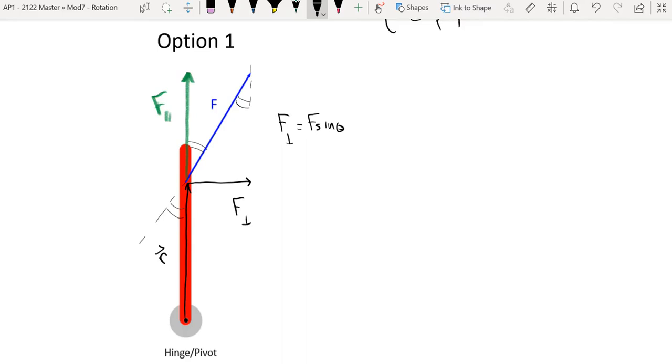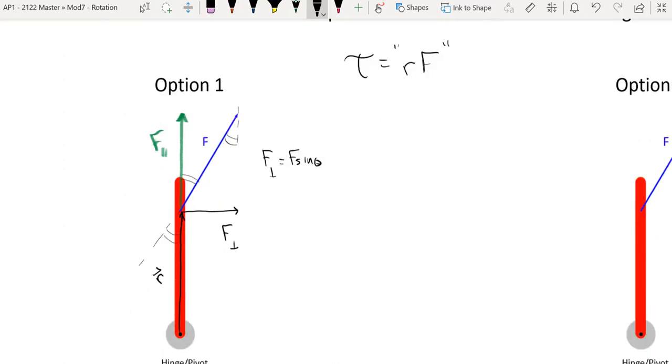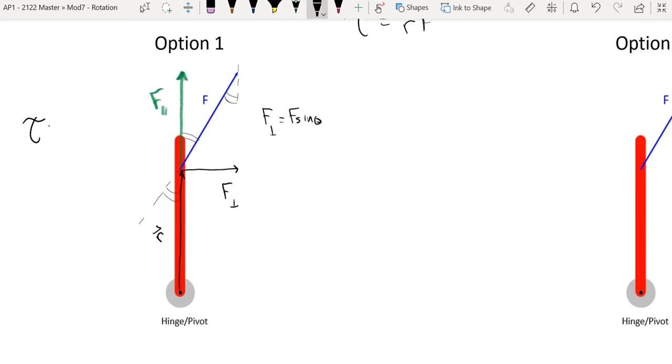F perp is F sine theta. So if we want to express how much torque force F creates, option one is to say that the torque generated is R times F perp, the component of force F perpendicular to vector R. That idea is super important.